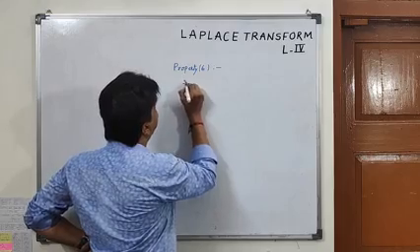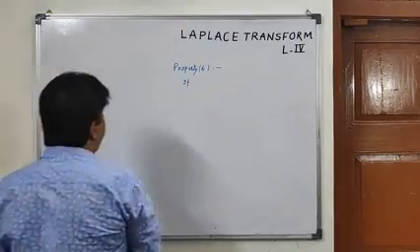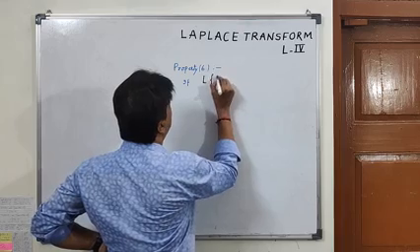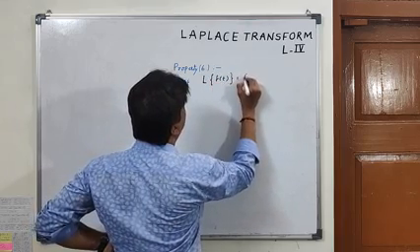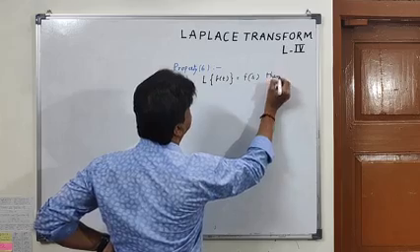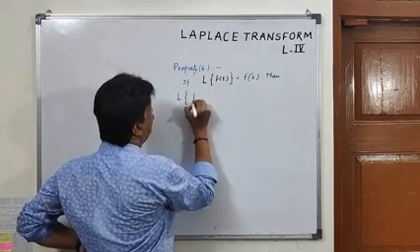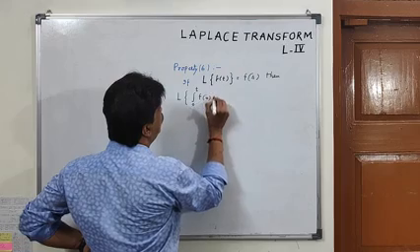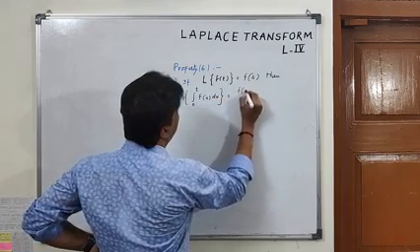If Laplace transform of f of t is F of s, then the Laplace transform of integral 0 to t, say f of u du, is equal to F of s by s.